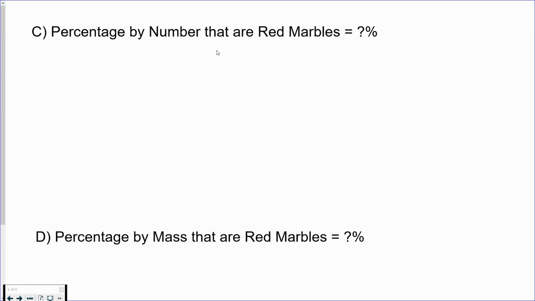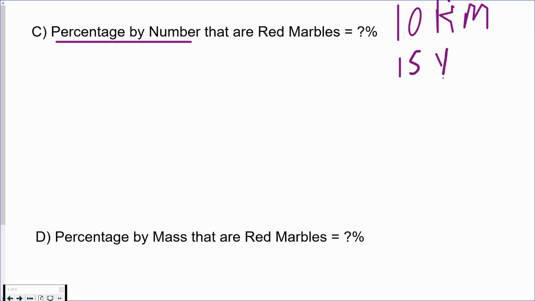And that first question on there is percentage by number. So within our data, it told us that we have 10 red marbles and we have 15 yellow marbles. In order to calculate a percentage, you're going to put the part over the whole.